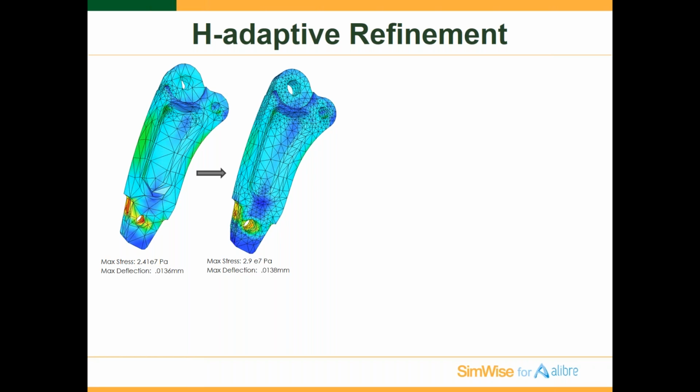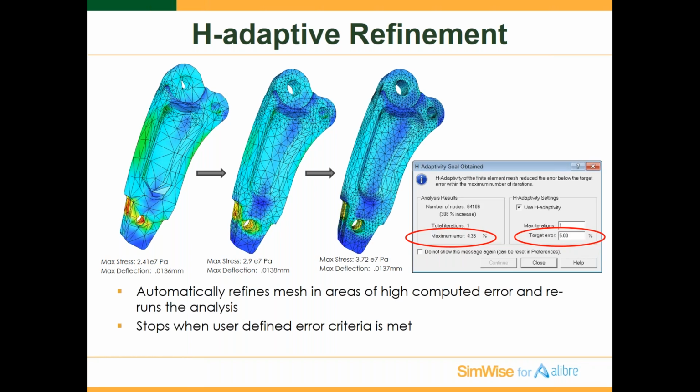It will calculate an error distribution in these stress results and use that to generate smaller elements in areas where there's higher errors, and it will do this repeatedly until it achieves an error criteria that you establish. So you can see we started from a very coarse mesh, and within a couple of iterations we've got a much finer mesh that achieves the particular error criteria that we've established. And the system does this automatically for you.